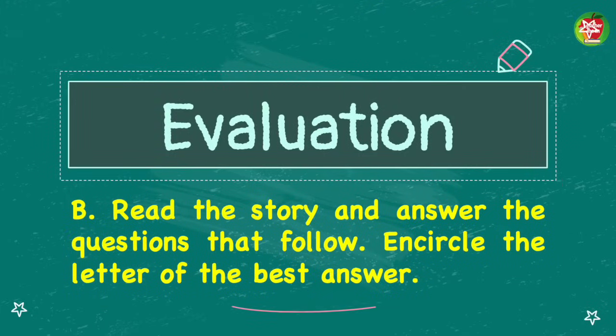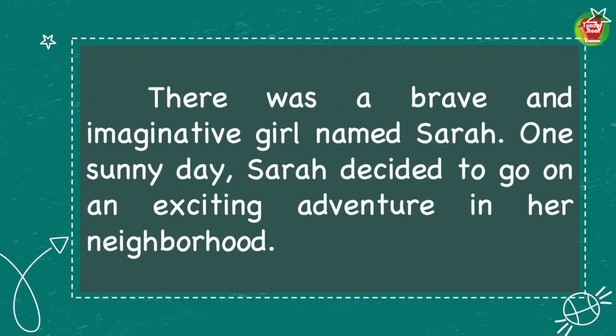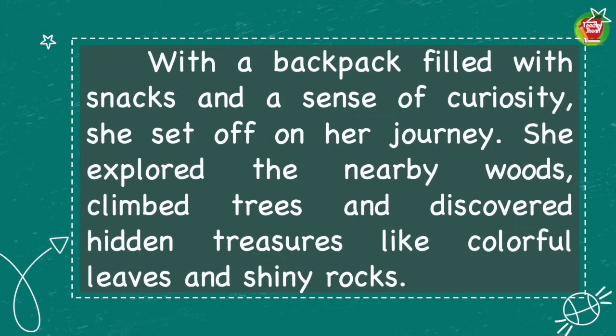For the Part B evaluation, read the story and answer the questions that follow, and circle the letter of the best answer in your worksheet. There was a brave and imaginative girl named Sarah. One sunny day, Sarah decided to go on an exciting adventure in her neighborhood. With a backpack filled with snacks and a sense of curiosity, she set off on her journey.